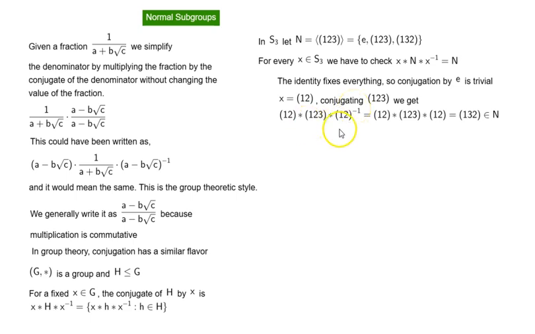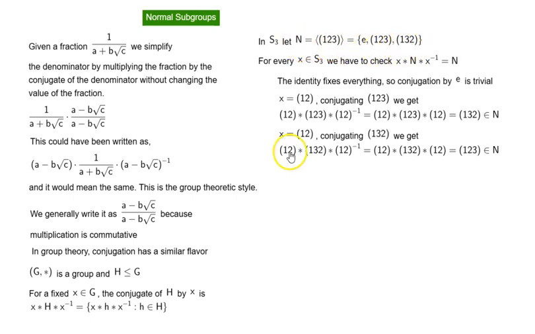Now if we evaluate this, the inverse of (1 2) is (1 2) itself, and we get the permutation (1 3 2). And (1 3 2) is in N. Let's take the next one. x equal to (1 2), conjugating now (1 3 2). We get (1 2) times (1 3 2) times the inverse of (1 2).